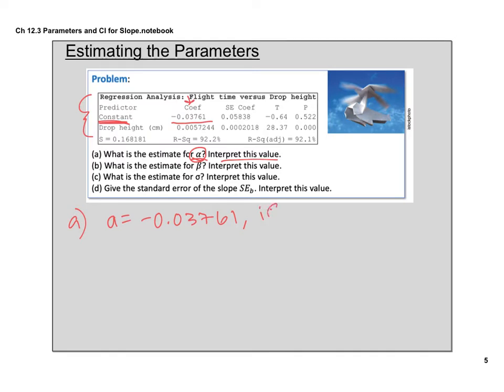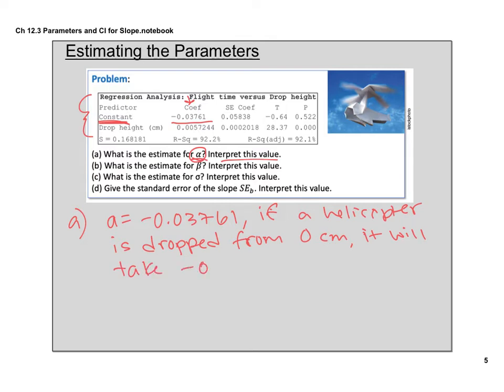To interpret it, if a helicopter is dropped from 0 centimeters, it will take negative 0.03761 seconds to land on average.